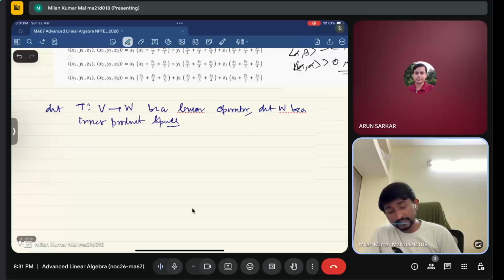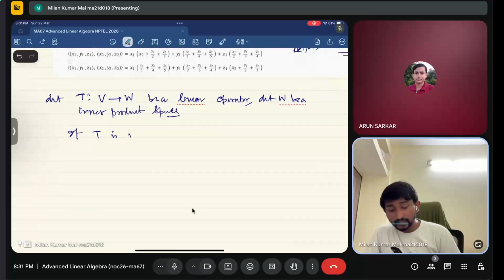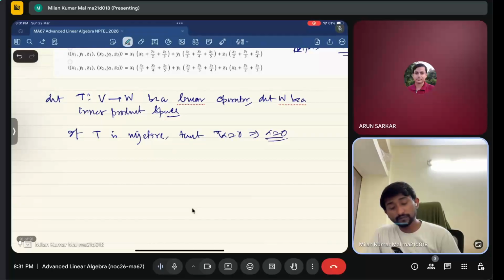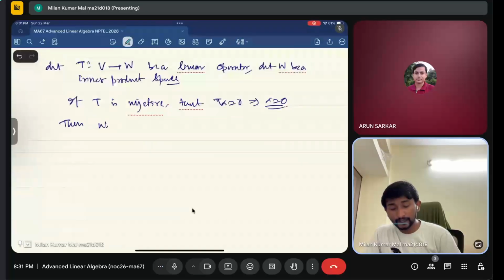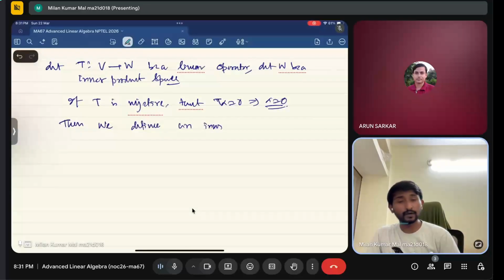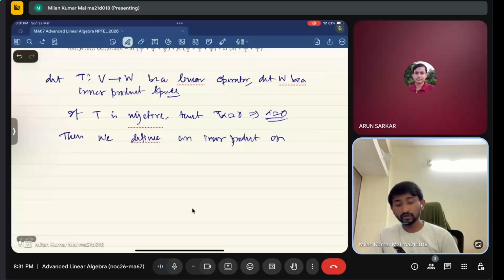Now if T is injective, that is, T alpha equals 0 should imply that alpha equals 0, then we define an inner product on V. We don't know any structure on V; we have only a vector space V, with no inner product on it.